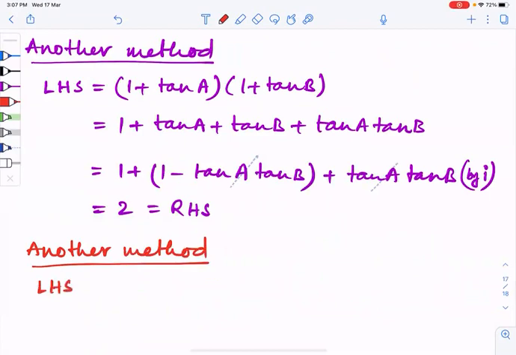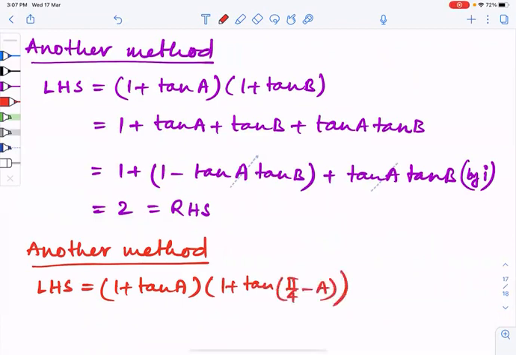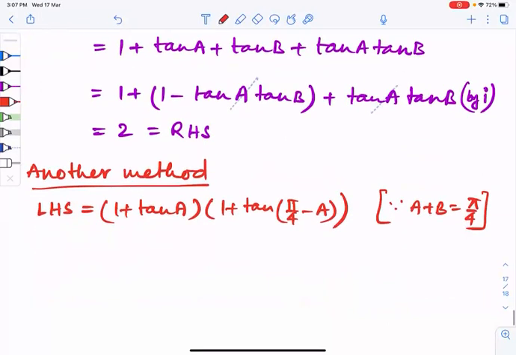LHS equal to 1 plus tan A into 1 plus tan B. In place of B, I can write pi by 4 minus A, since A plus B equal to pi by 4. So just in place of B, I wrote that.